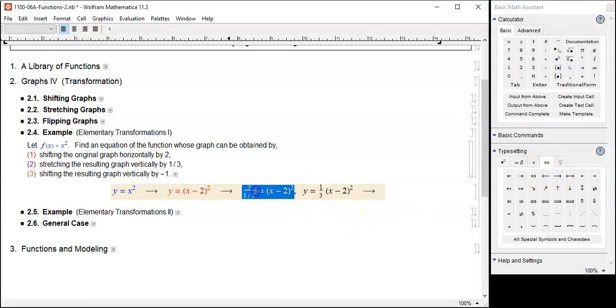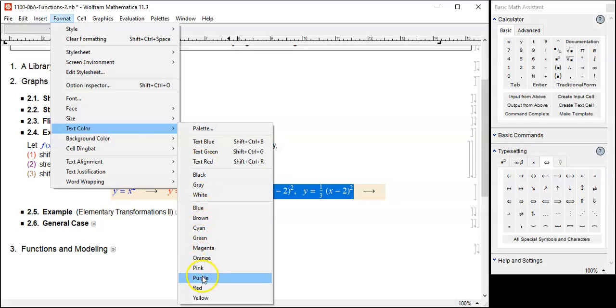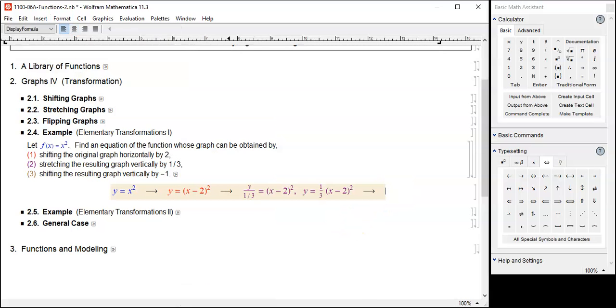So this one here is that after number 2. Now finally number 3. Shift this vertically by -1. So vertically by -1, so -1 in the y direction.